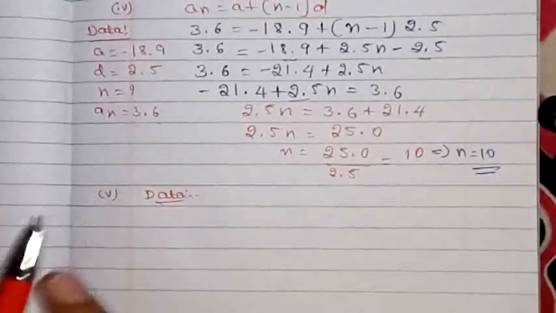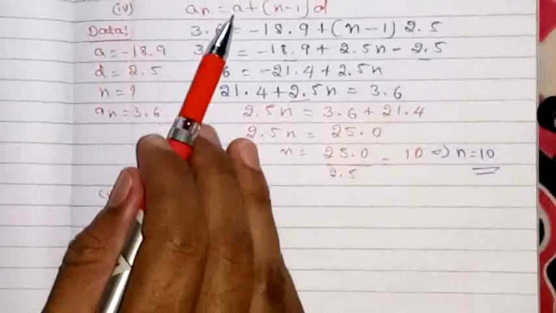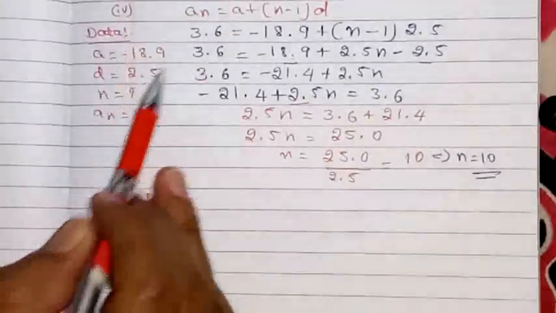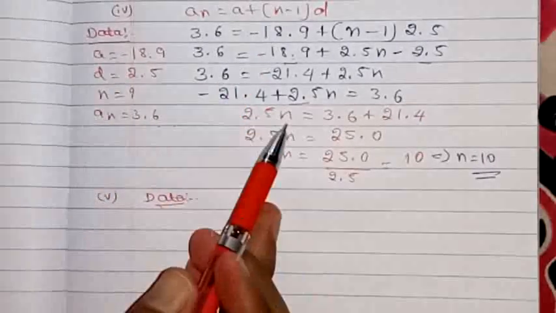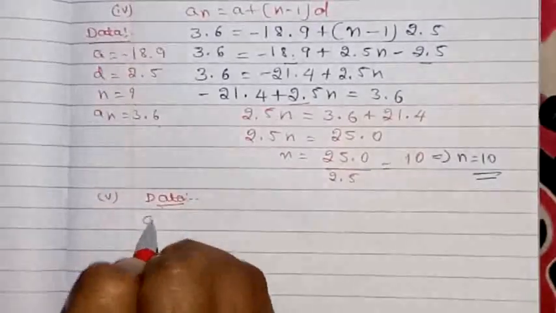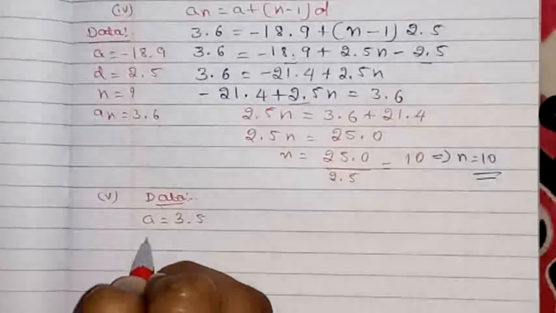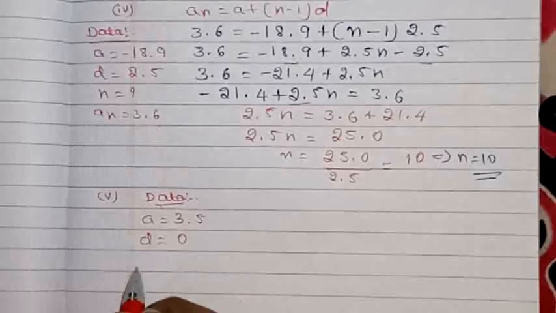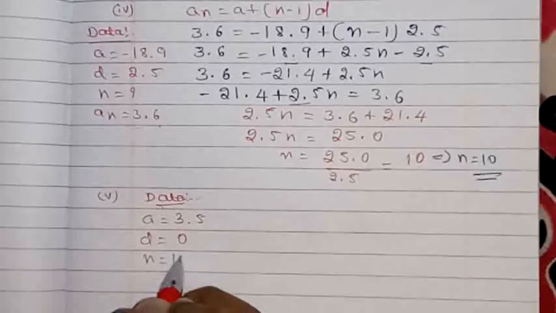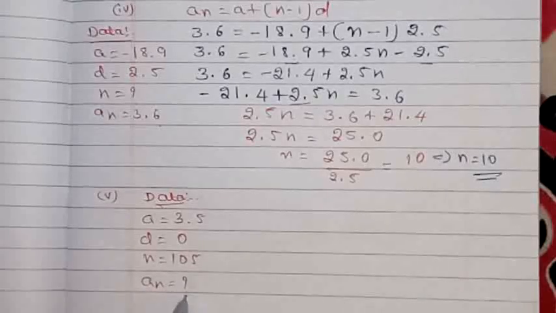So children, here you need to write down the data and you need to apply the values to the formula, and you need to simplify this and you'll get the values. Okay, so A is 3.5, and D is 0, N is 105, and an you need to find out. That's equals to question mark.